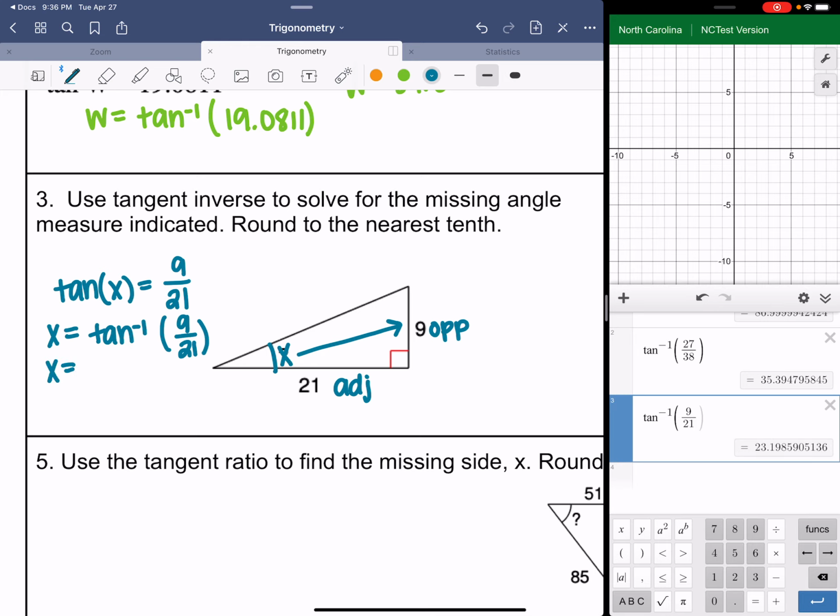That gives us 23.19. Rounding to the nearest tenth, that gives us 23.2 degrees.